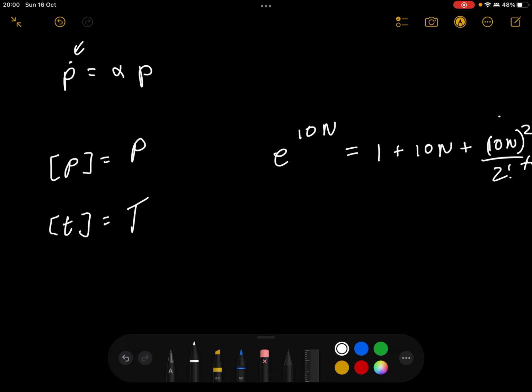However, the problem is this is newtons squared over here, and this is newtons, and this is no units, so they can't be added. So you can't exponentiate with units. So that puts a restriction on what the solution can look like, and we want to see what kind of solution the population can have.